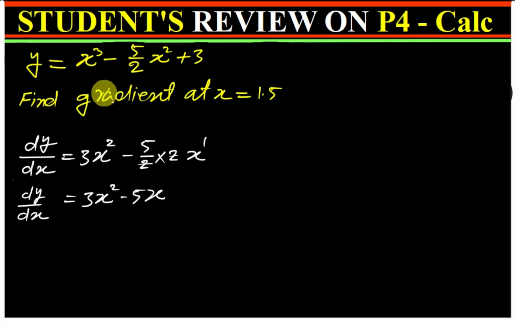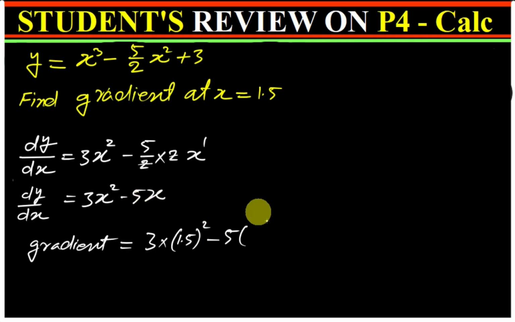Now we need to find the gradient at x is equal to 1.5. So we just substitute the value of x, 1.5, here. So the gradient at x is equal to 1.5 will be equal to 3 times 1.5 square minus 5 times 1.5.